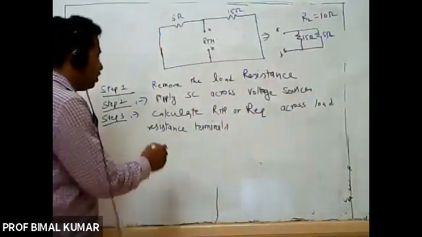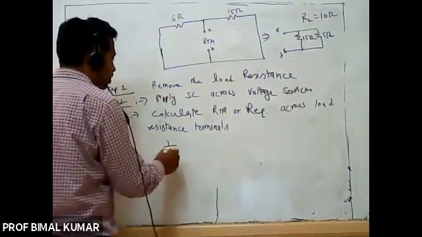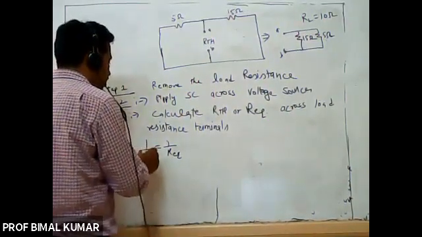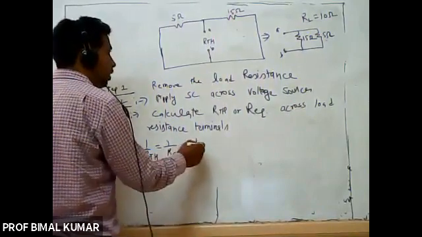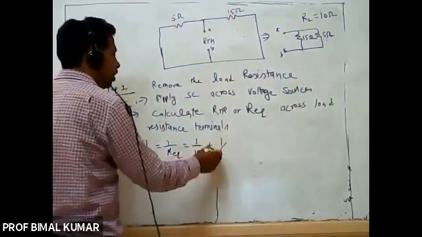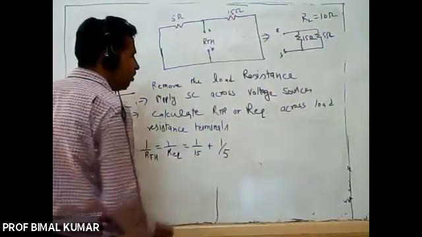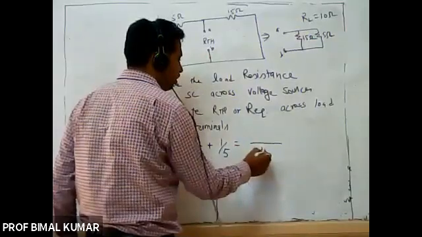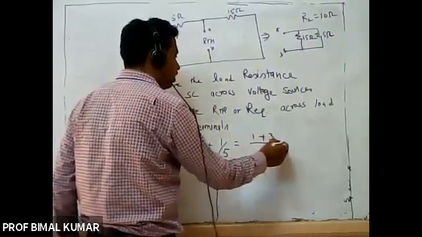So R equivalent is equal to 1 upon RTH. That will be equal to 1 by 15 plus 1 by 5. Right? So 15 is the LCM. 1 plus 3.